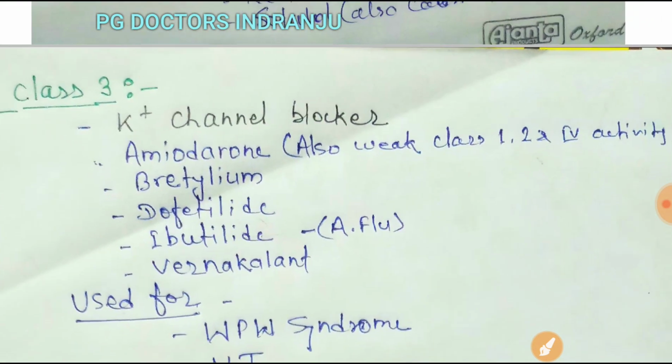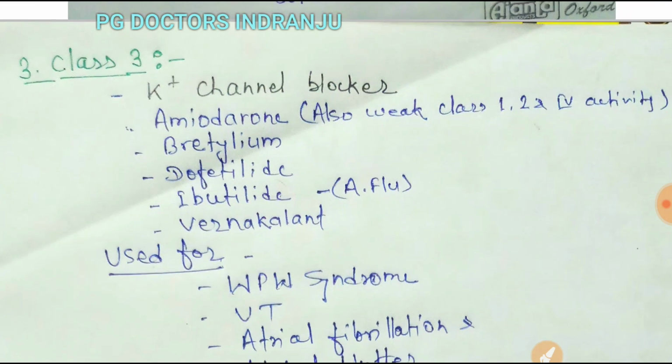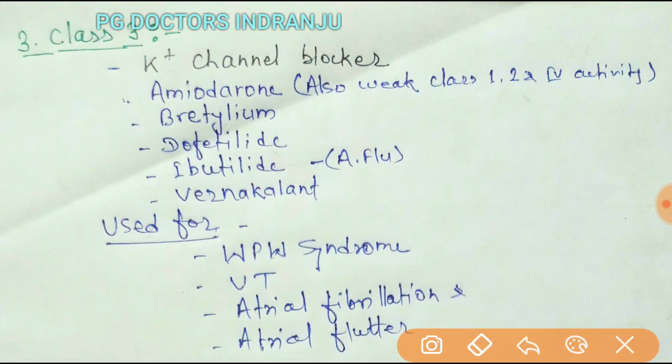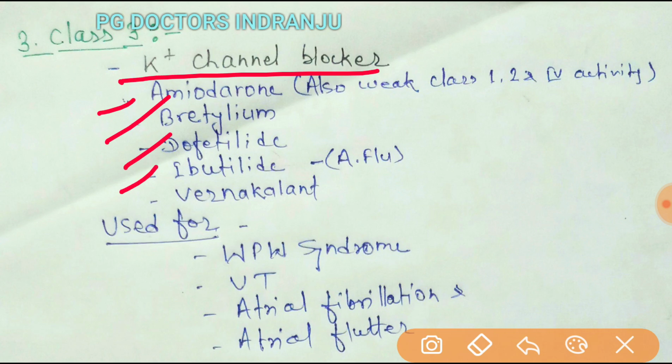Next is the class 3 drugs. Class 3 acts as potassium channel blocker. Amiodarone, bretylium, dofetilide, ibutilide, and vernakalant are the drugs included in class 3. Amiodarone is also weakly class 1, 2, and 4.